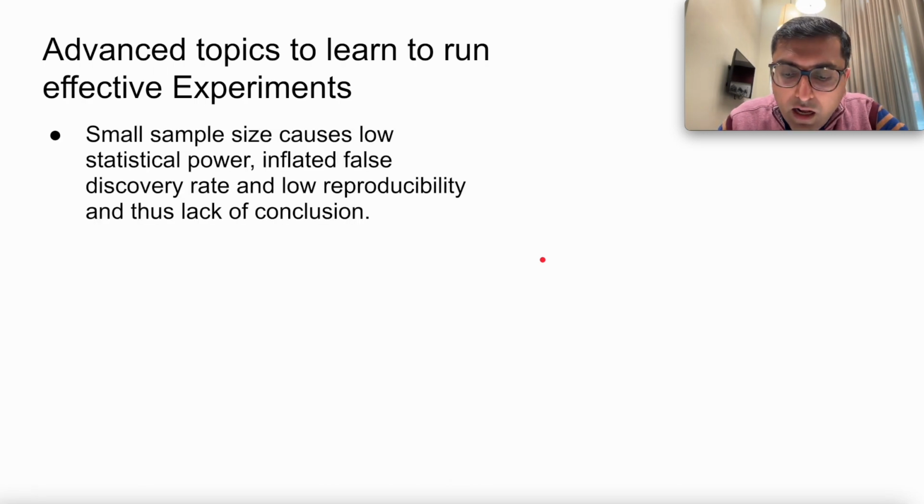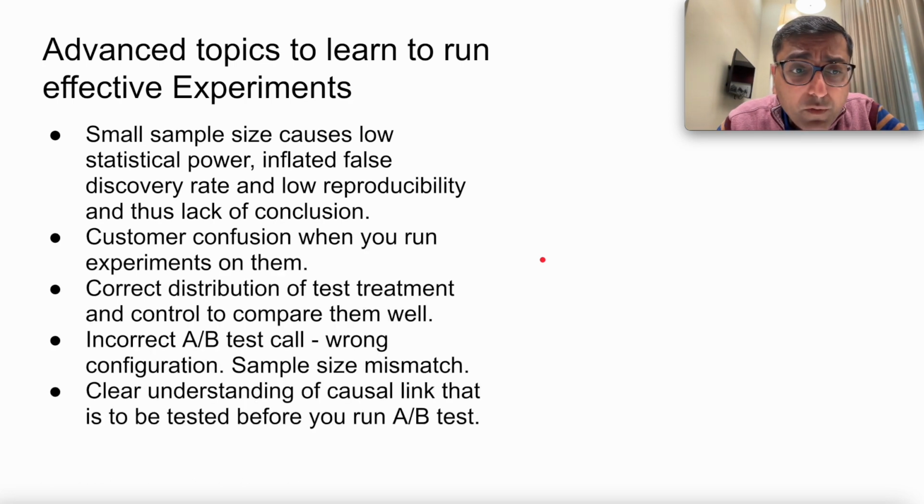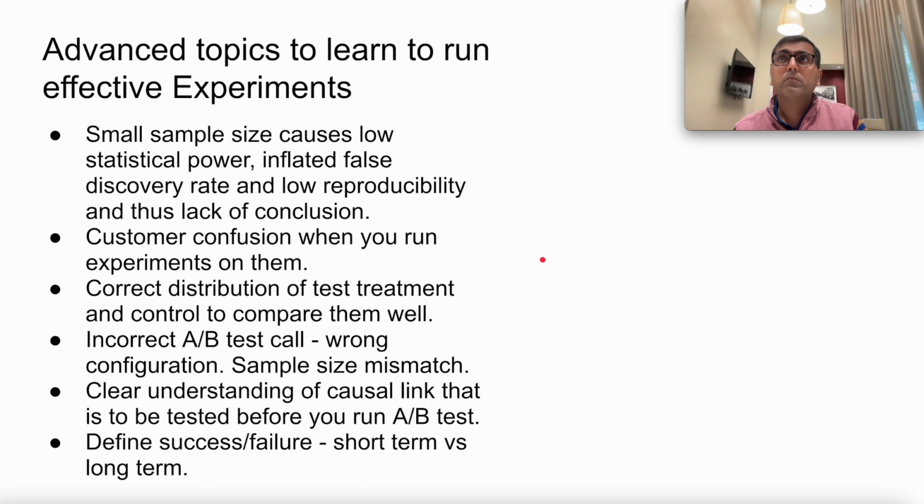But there are lots of things, as we talked about in one other slide, where you have to really design experiments well. You have to make sure that the sample size is appropriate in both the treatment and the control group, and that they are very close. And you want to make sure that you run experiments in such a way that doesn't cause confusion for your customers.